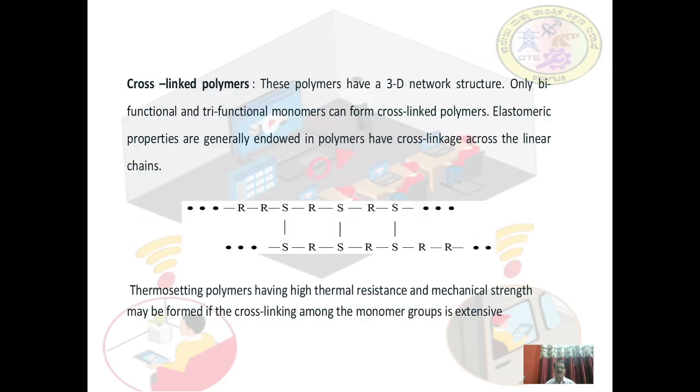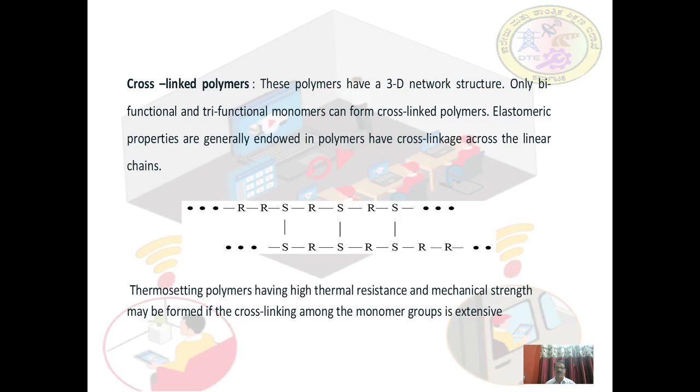Second one is cross-linked polymers. These polymers have a 3D network structure, that is, a cross-linked structure. Only bifunctional and trifunctional monomers can form cross-linked polymers. Elastomeric properties are generally endowed in polymers having cross-linkage across the linear chains. For example, here R and S are the two monomers which form a polymer.